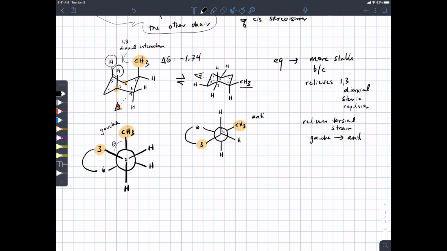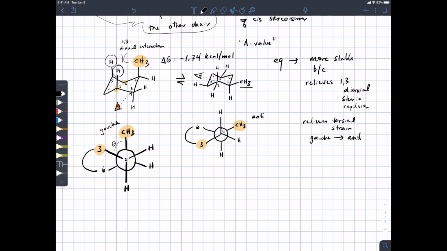It's about 1.7 kilocalories per mole, more stable to be in the equatorial conformation than in the axial conformation. And yes, lower free energy means more stable. This is actually the origin of the A value. A referring to axial.